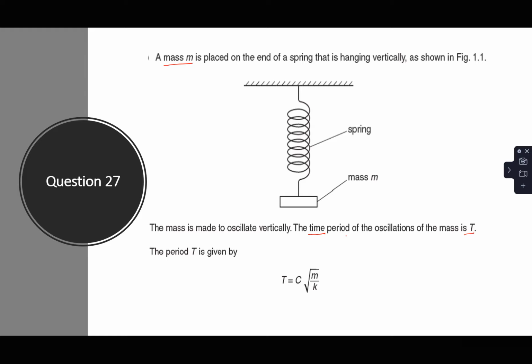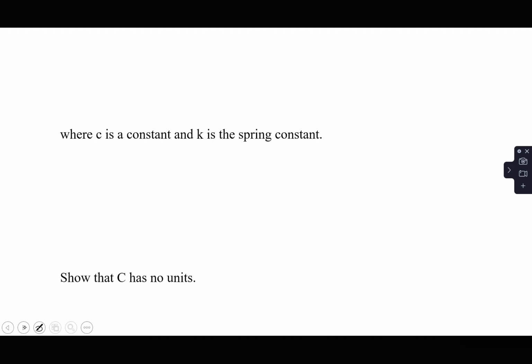I think the question continues on the next slide. C is a constant and K is the spring constant. Show that C has no units.